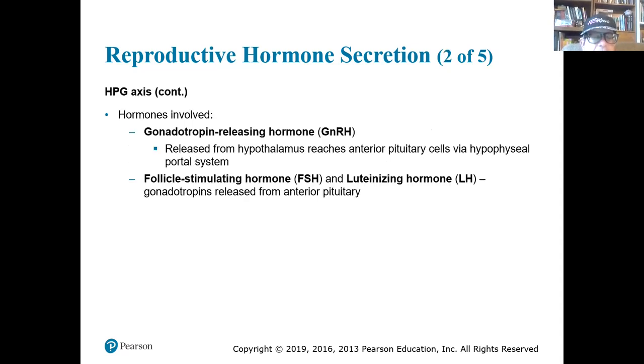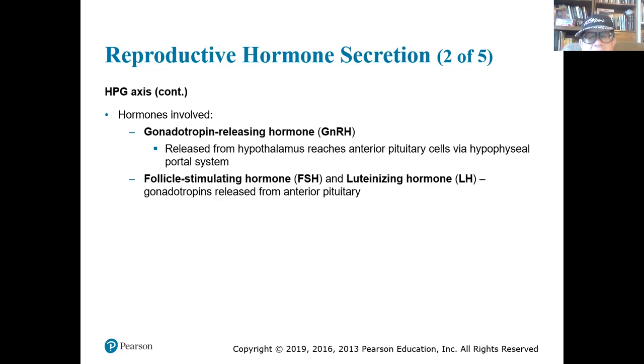So, going through that list of hormones, gonadotropin releasing hormone comes from the hypothalamus, and it goes to the anterior pituitary cells through the hypophyseal portal system.